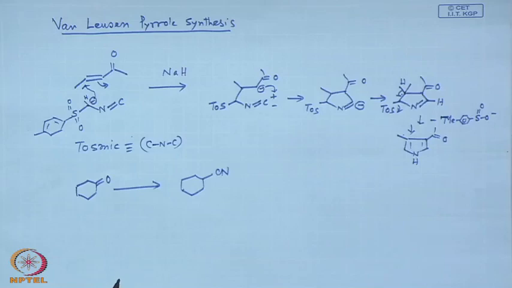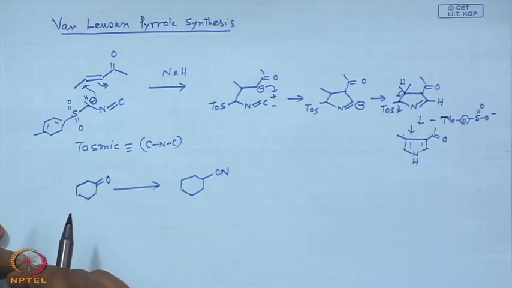The previous one is called the Van Leusen pyrrole synthesis. In this case, this is known as the Van Leusen reaction. This is a very simple trick, you are basically adding a carbon, mind it. You started with an isocyanide and you are ending up with the cyanide, and all these things are going away, including that methylene group etcetera. Okay.